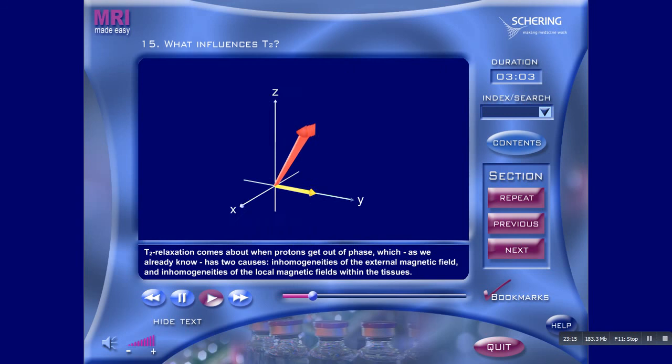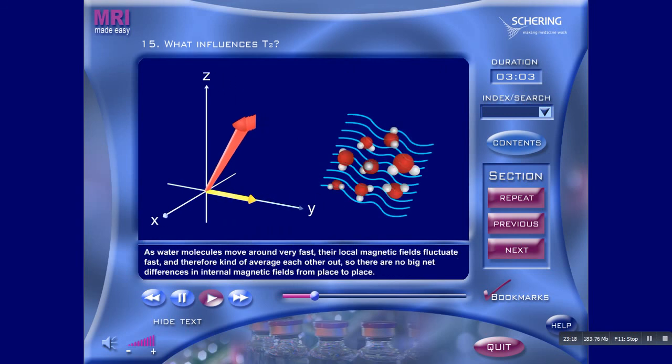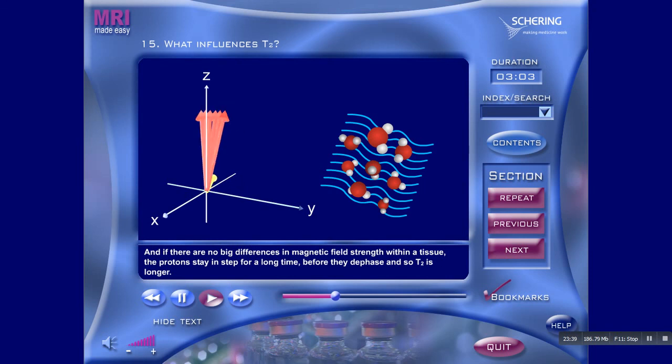As water molecules move around very fast, their local magnetic fields fluctuate fast and therefore kind of average each other out. So there are no big net differences in internal magnetic fields from place to place. And if there are no big differences in magnetic field strength within a tissue, the protons stay in step for a long time before they dephase. And so T2 is longer.